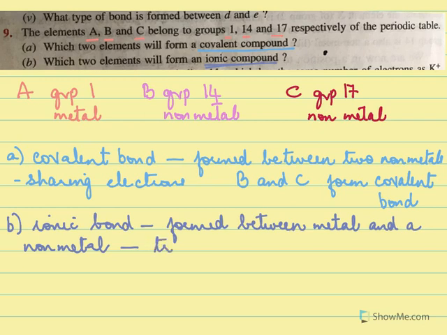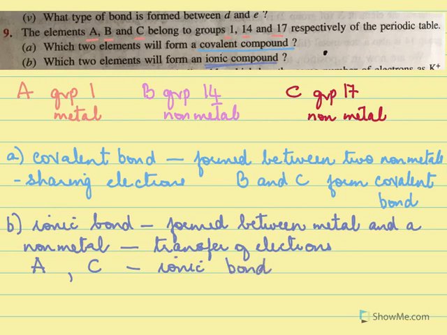So there is a transfer of electrons here. In ionic bond, there is a transfer of electrons. And who is a metal and a non-metal? A is a metal and C non-metal. So between A and C you'll get an ionic bond.